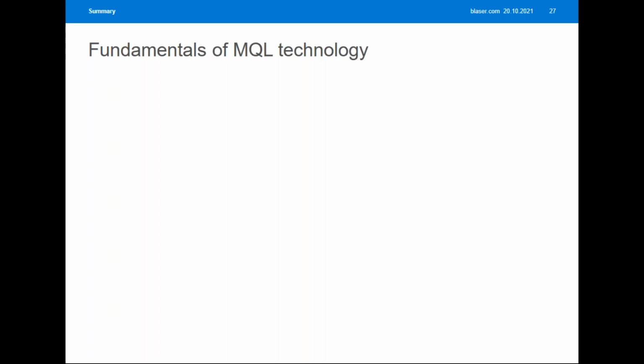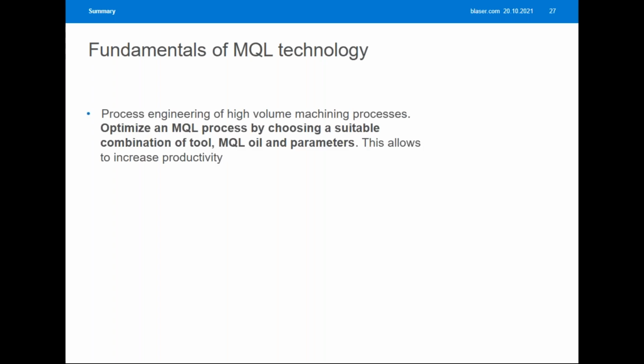So what are the fundamentals of successfully implementing MQL technology? It's really the big size, high volume machining processes, and to optimize a complete process by choosing a suitable combination of tool, MQL oil and parameters, and to set everything right so that it works together to increase productivity.